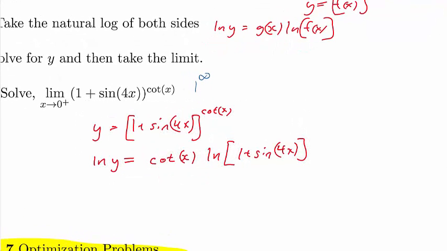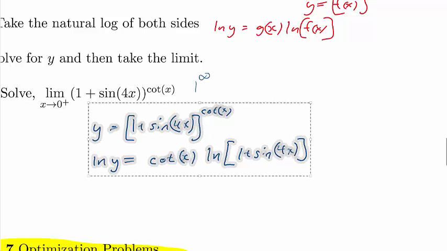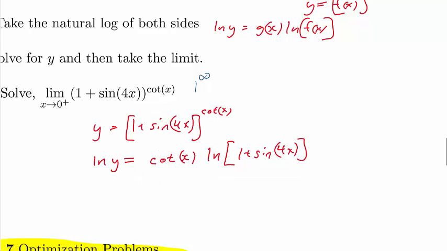All right, so now that we got this, we're going to go ahead and take the limit of both sides, as x approaches 0 from the right.